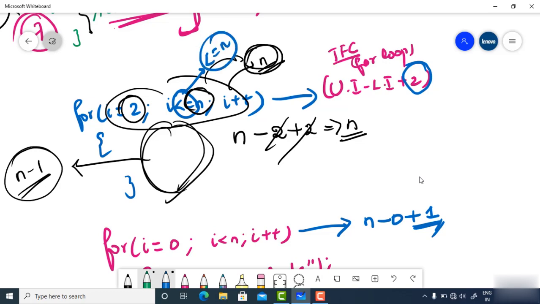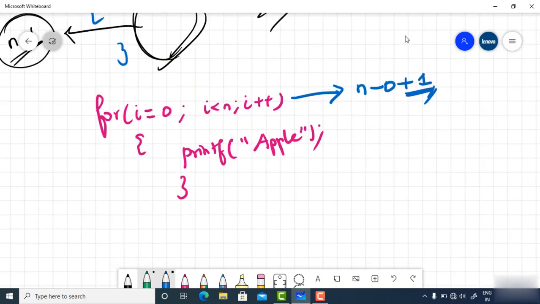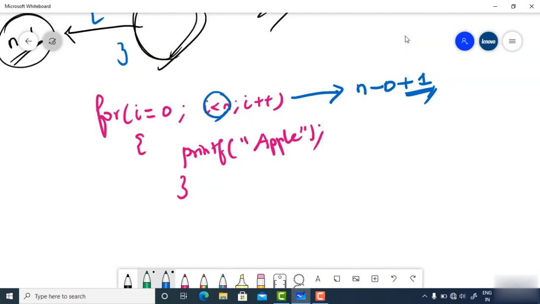Whenever there is less than n, you can go with 1. So the formula here is upper index minus lower index plus 1. So n minus 0 plus 1, so it will go n plus 1 times. And all the statements inside the loop will go for n times.